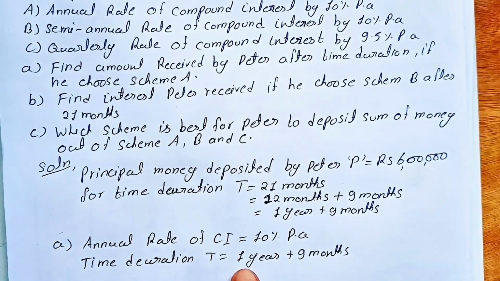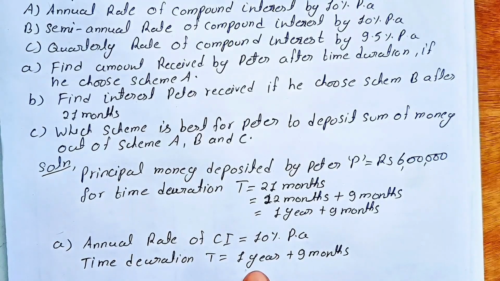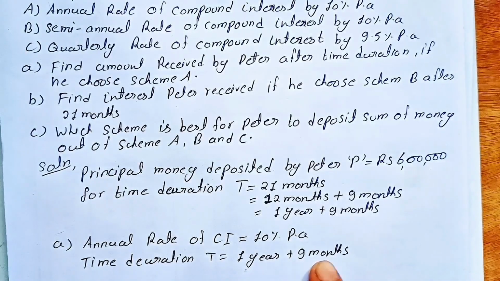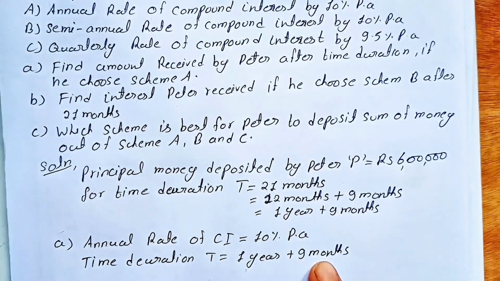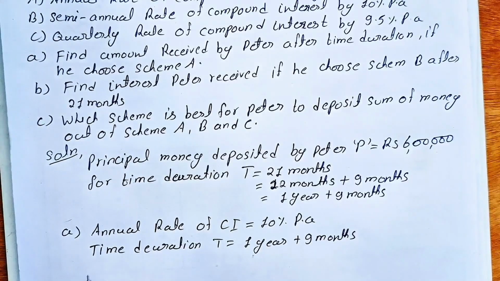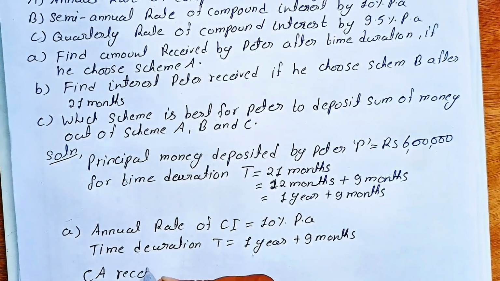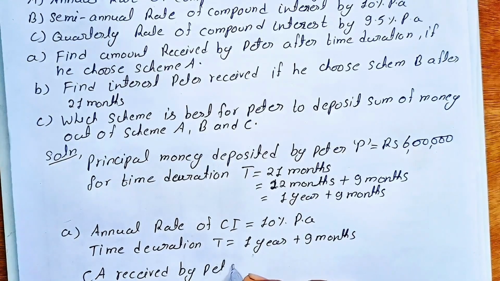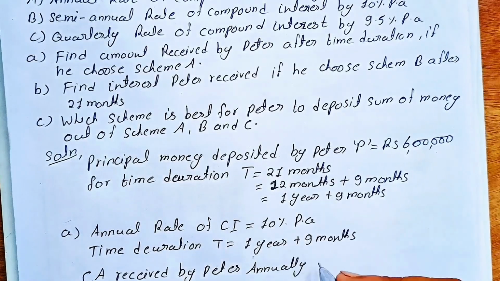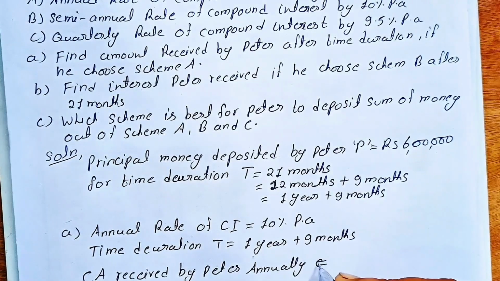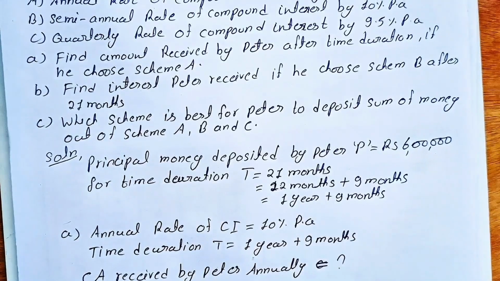As the time is 1 year and 9 months, we apply the formula for 1 year as well as a separate factor for 9 months. And what do we have to find? The compound amount received by Peter annually, that is CA.